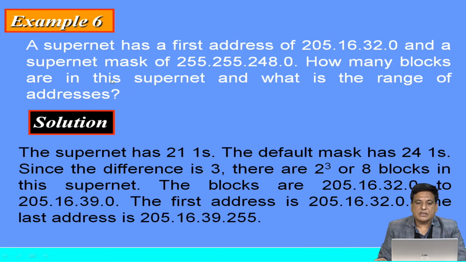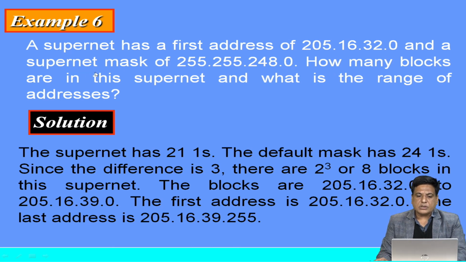Example number 6: a supernet has the first address 205.16.32.0 and the supernet mask 255.255.248.0. This is a class C network address, and as we know, the subnet mask for class C is 255.255.255.0.